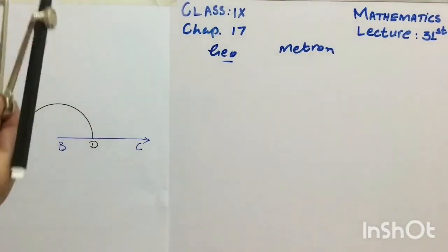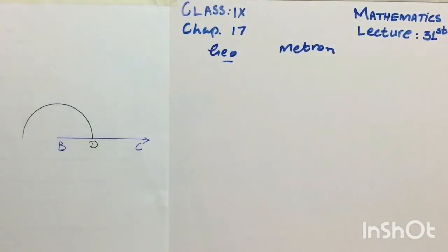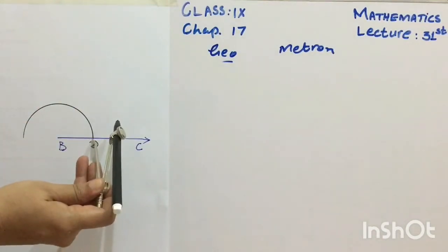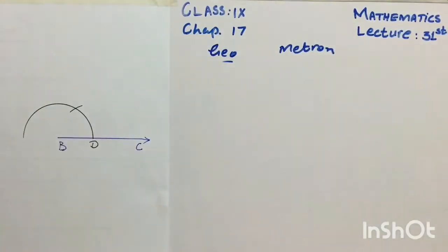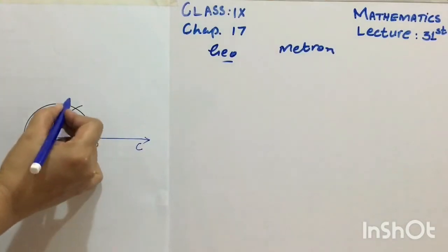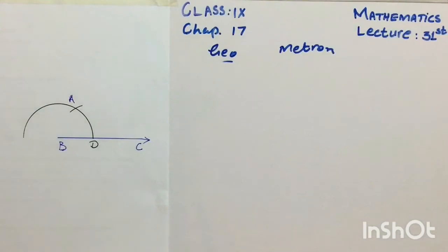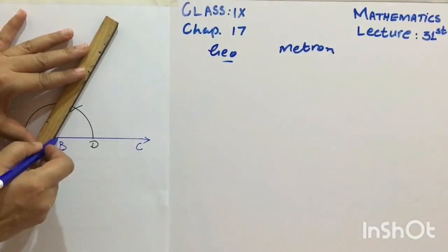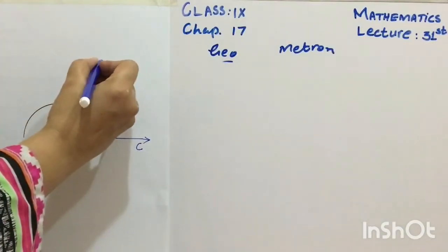Now without changing the size of width, place the needle of the compass on point D and mark another arc which cuts the semicircle at point A. To get the terminal arm of the angle, we will join B to A. Join the point B to point A and produce it onward.